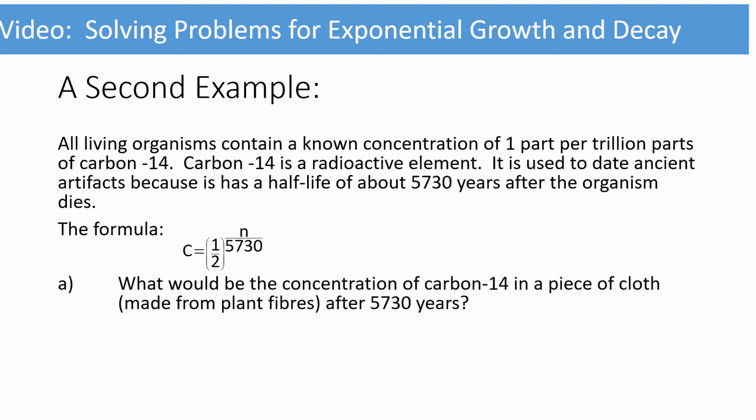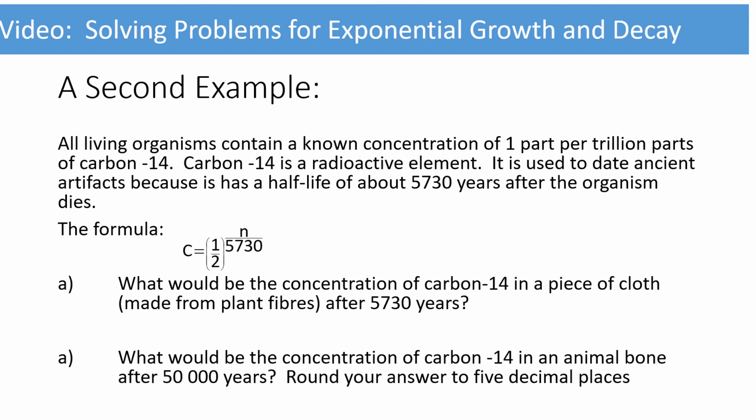So if we found some cloth and we think that it's 5,730 years old, we're not sure, because we weren't around then, what would be the concentration of carbon-14 in this piece of cloth, which happened to have been made from plant fibers, by the way, after 5,730 years?